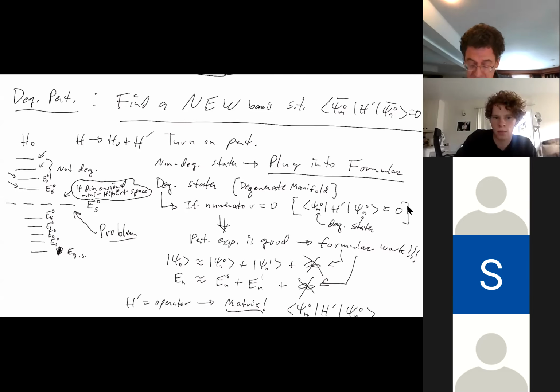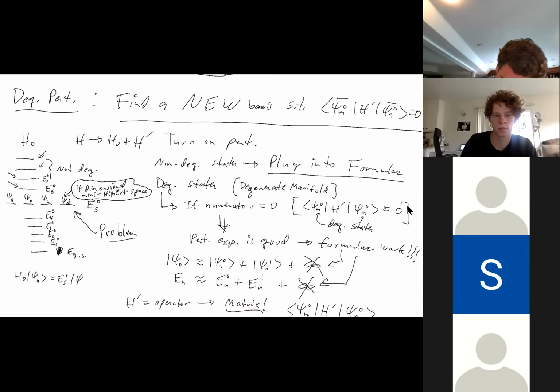How many degenerate states did I give you in this example? Four. That's right, 4 degenerate states. Let's call them psi A, psi B, psi C, and psi D. They are eigenstates, because if I hit the Hamiltonian H naught up against psi A, then that equals E5 naught psi A, right?